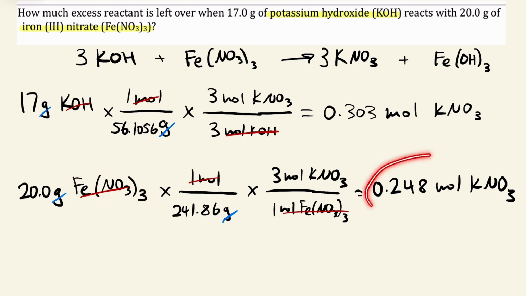The lower number must be the one that's the limiting reagent, because iron nitrate here can only produce 0.248 moles total. We can't produce 0.303 because we don't have enough iron nitrate. So this iron nitrate here is our limiting reagent. And in other words, our KOH, potassium hydroxide, is our excess reagent.